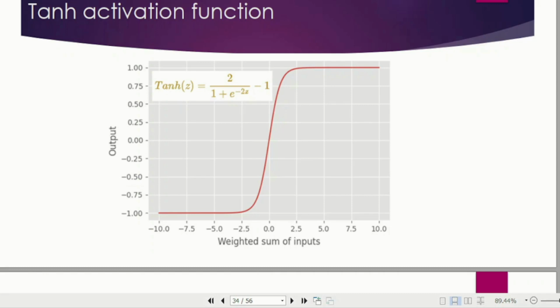Like the sigmoid, it is S-shaped and is also a nonlinear function. One advantage of using the tanh function over the sigmoid function is that the tanh function is zero-centered. This makes the optimization process much easier compared to the sigmoid. The tanh function also has a steeper gradient than the sigmoid function.